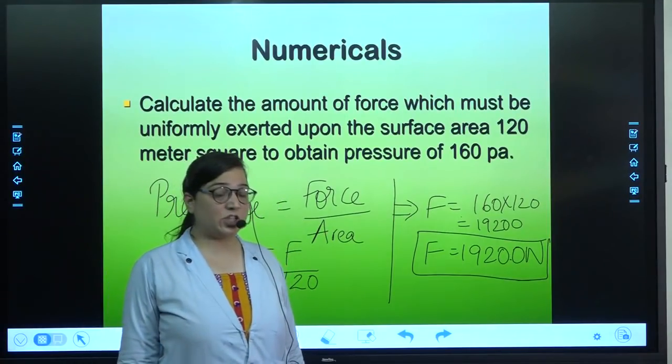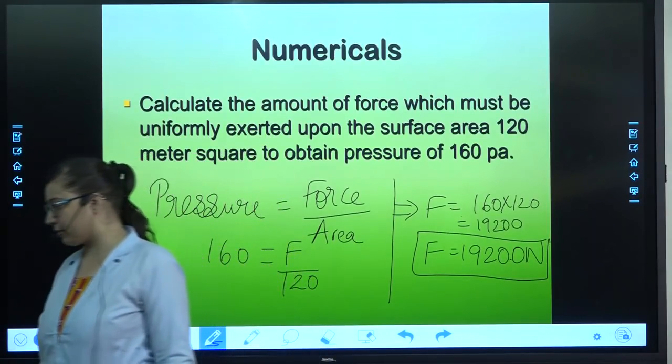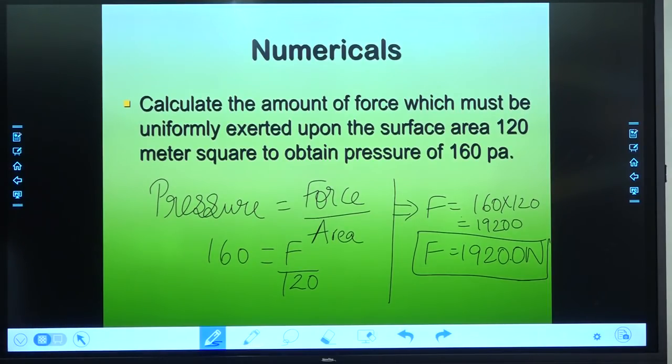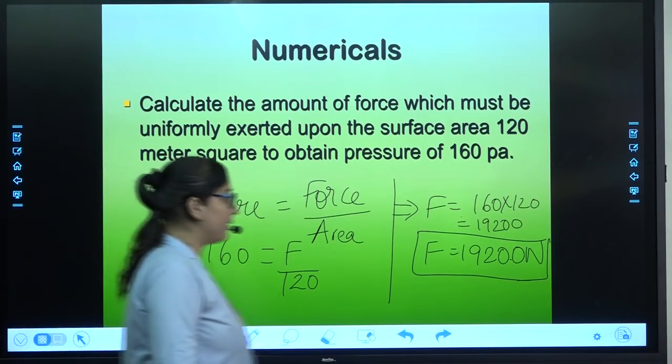Then we'll move on the next particular type of numerical. Quick. This one is easy one.